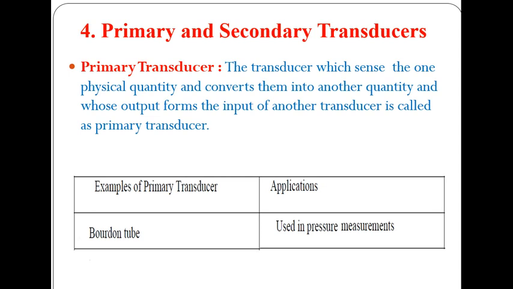Then primary and secondary transducers. Here you have to understand one important thing: primary and secondary transducers are parts of a single transducer. The primary transducer converts a physical quantity into some mechanical movement, and that mechanical movement is again converted into an electrical signal by the secondary transducer. Conductively they are called primary and secondary transducers.